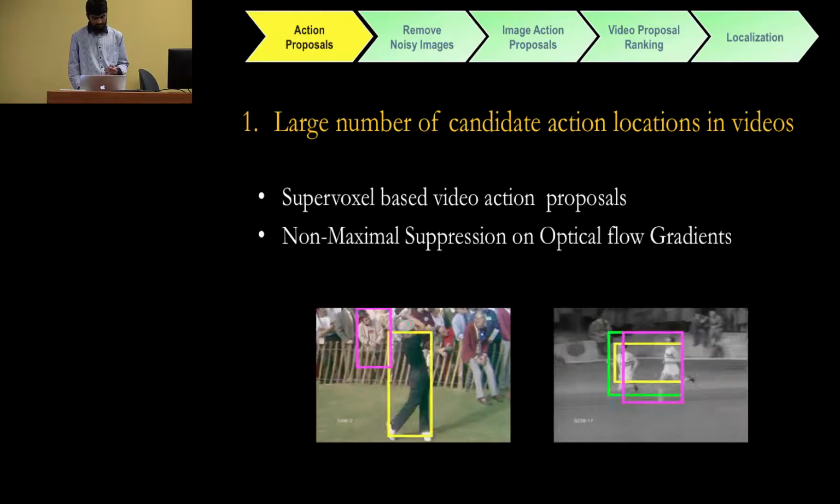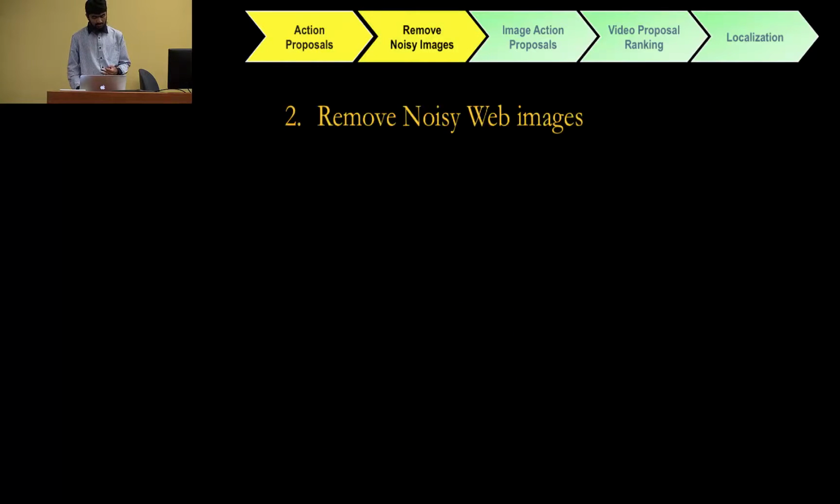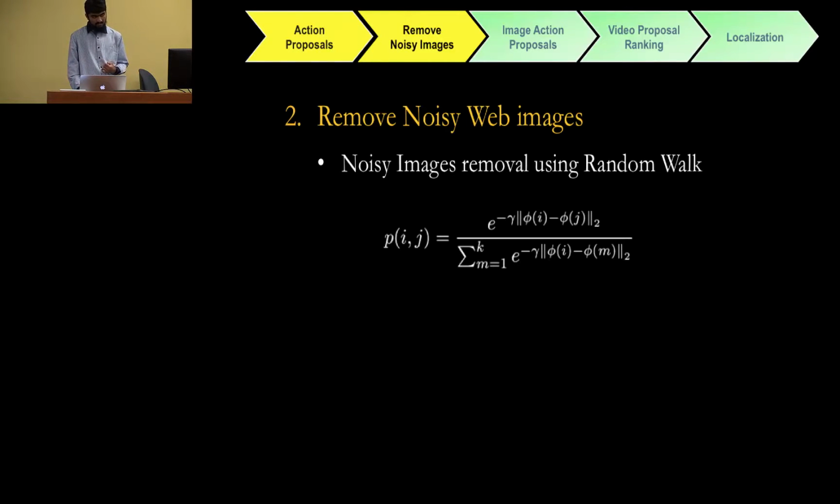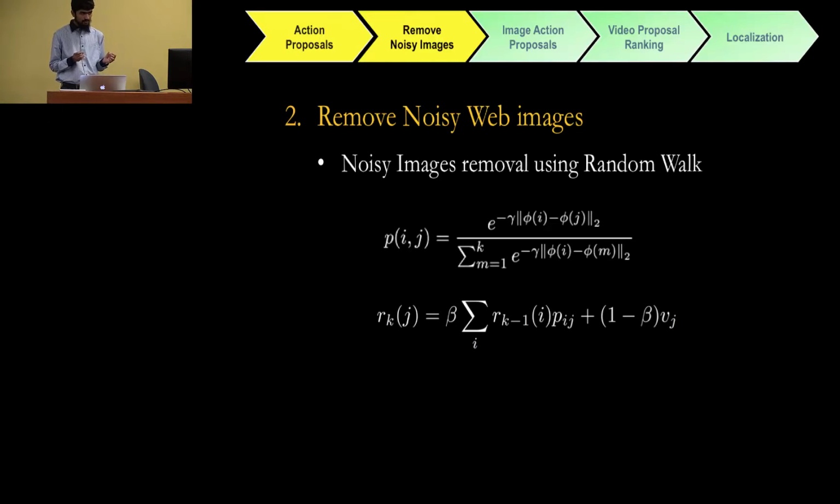So given the action proposals we have, we download the images from Google using the video level label, and once we get the images, we remove the noisy images using a random walk. So what exactly we did is that we compute VGG features from each image. This shows us the transition probability from node I, image I, to node J, image J, and this is computed from the VGG features, and we use VGG 16.